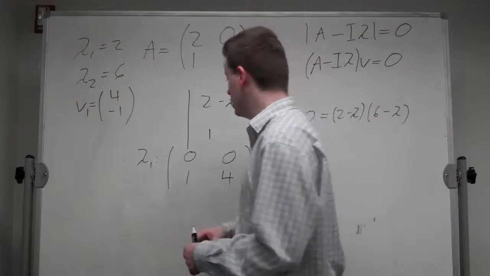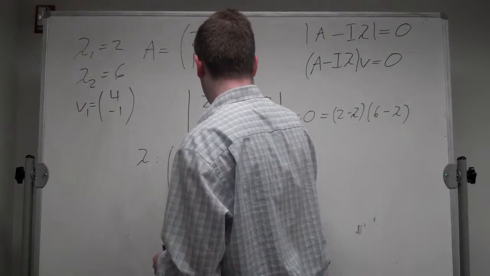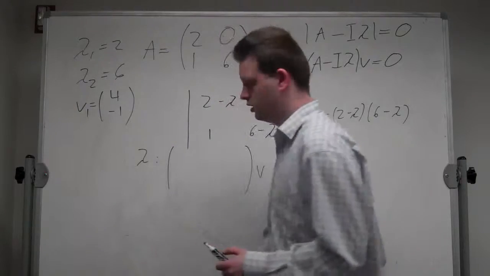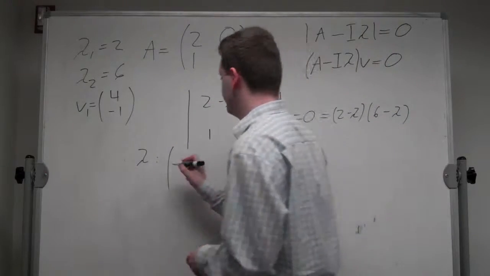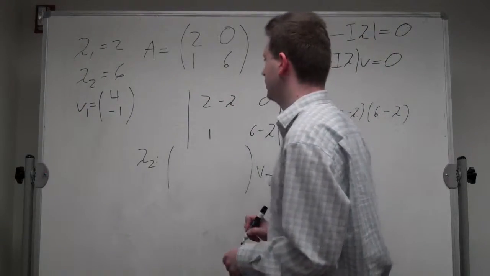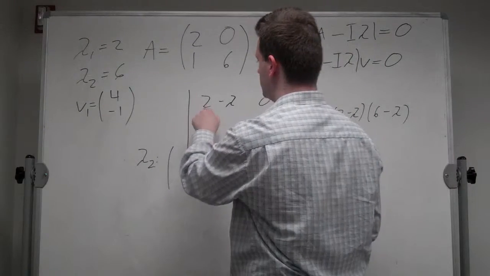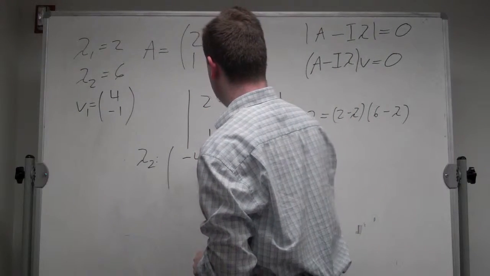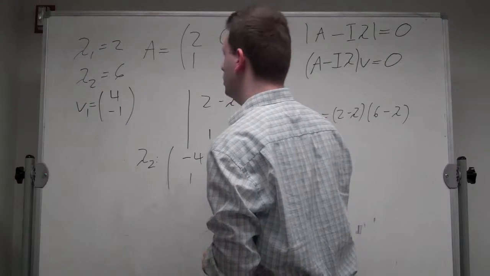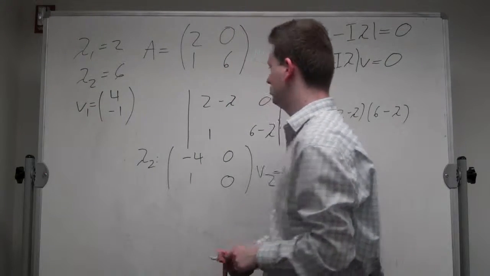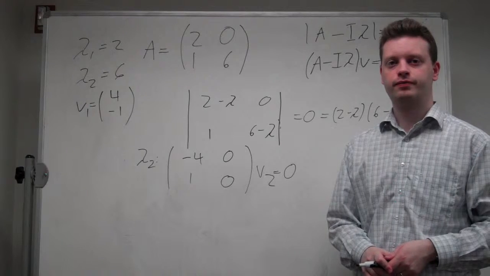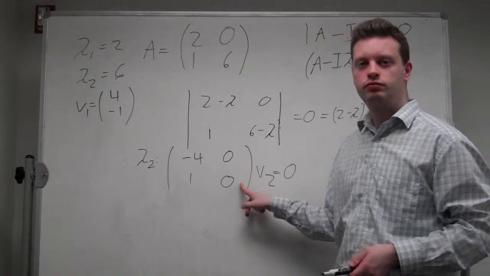If we do the same for lambda 2, that is the second eigenvalue, which was 6, we subtract that, and we get minus 4, 0, 1, 0. Now we have zeros here.